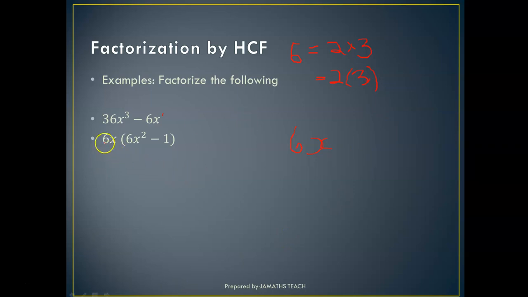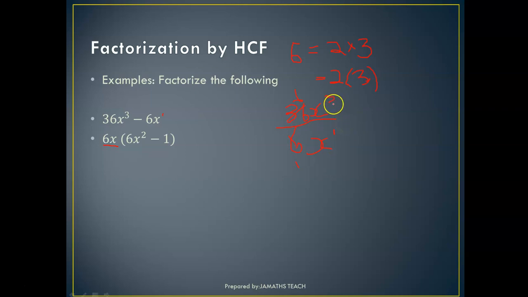Now when you're factorizing, you take out the common factor and then you divide each term by the common factor. So how did we get what is in the brackets? We divided 36x cubed by the common factor. 6 into 6, 1. 6 into 36, 6. Recalling from the indices video, if you're dividing indices, then you subtract the powers.